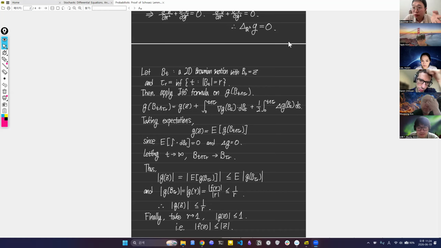Holomorphicity is equivalent to satisfying the Cauchy-Riemann equation, and the Cauchy-Riemann equation forces harmonicity. Harmonicity just means the Laplacian equals zero, and the Laplacian equals zero forces the second-order term of the Ito formula to vanish. But the converse is not true in general. This is the specialty of real dimension 2.